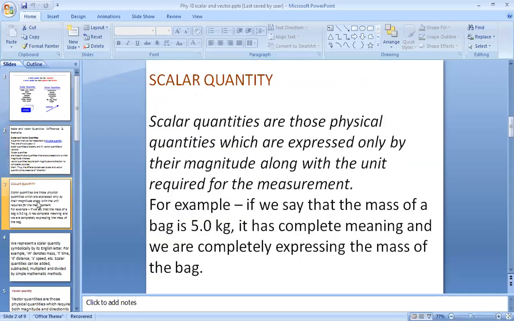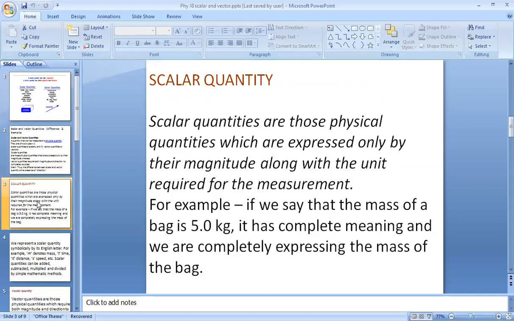On this slide, the clear definition of scalar quantity is written over here again. You can note it down. Some students need to learn it to write in a proper way in the exam. So when there is a question about the definition of a scalar quantity, you need very specific words. You don't need explanation.